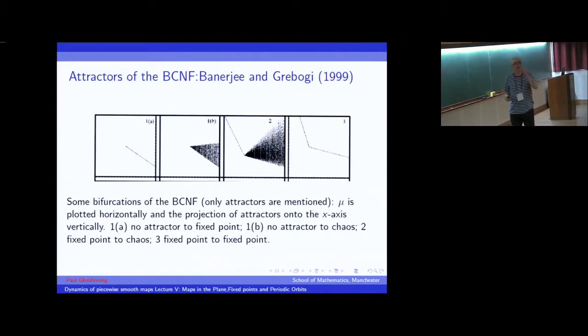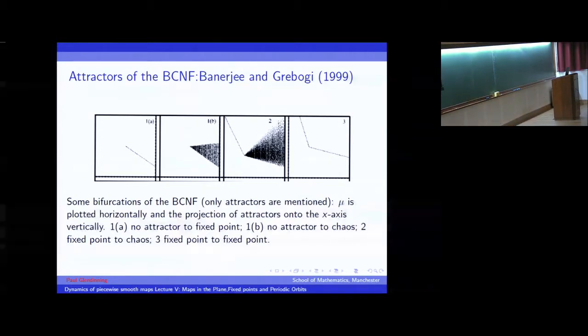So I guess, Soumitro, you showed some of these sorts of things. This is from Banerjee and Gambaudo in 1999. I apologize for the quality. But what they started by doing, so you have this map, you've demonstrated that it's interesting from a physical point of view.